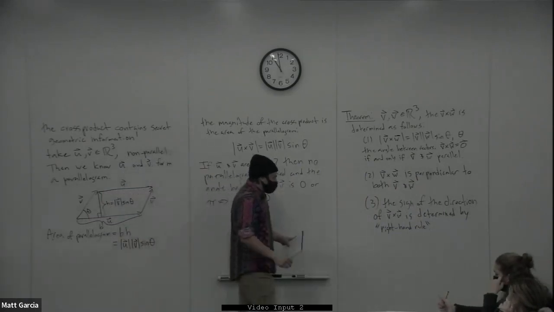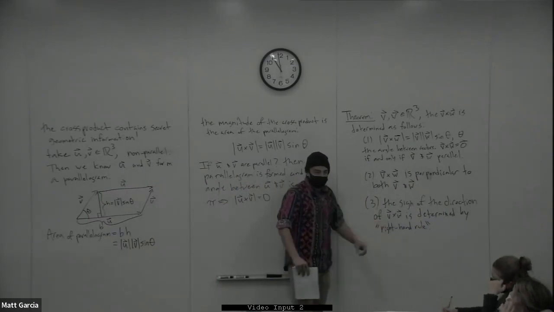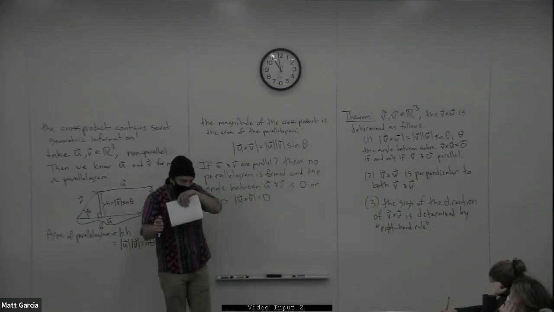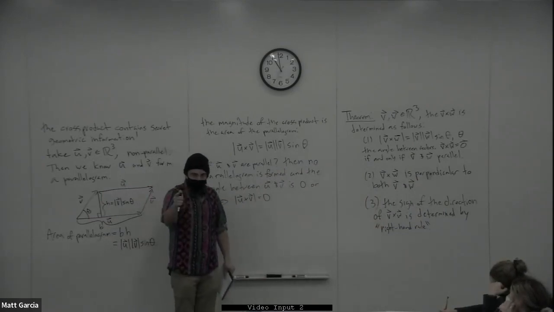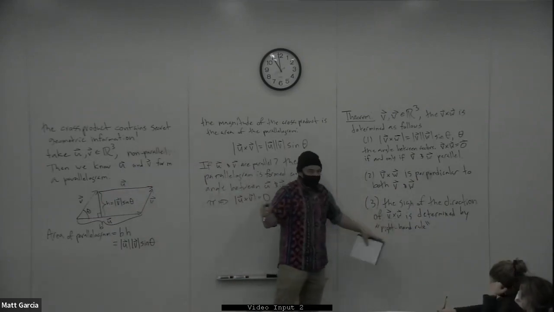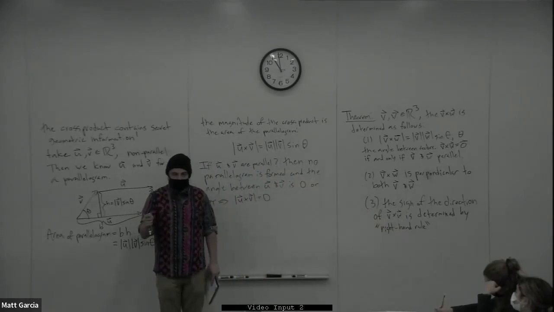We take the first argument of the cross product and point our index finger in that direction. So let's say V points in this direction. Then I take the second argument of my cross product, W, and I point my middle finger in that direction.